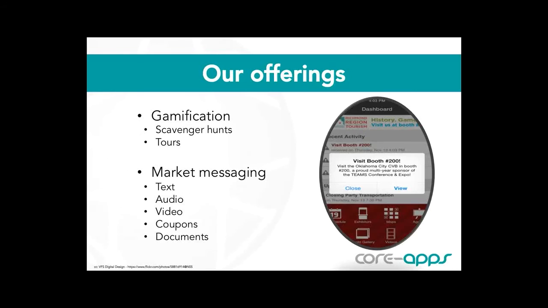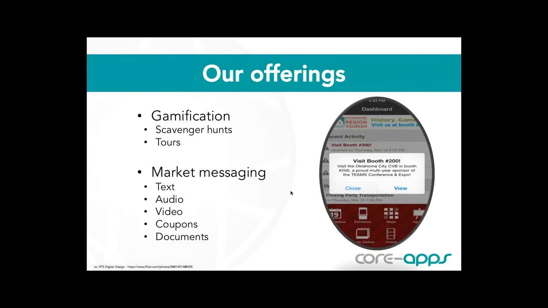Market messaging by far takes the least to set up. It's the easiest to sell. We have customers selling this for about $2,000 a piece as a sponsorship for an audio or text message that's there. Basically what happens, as you can see in this example, you get close to a particular booth and boom, it pops off and it gives you a text message.